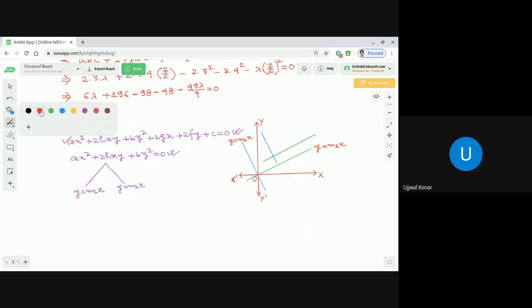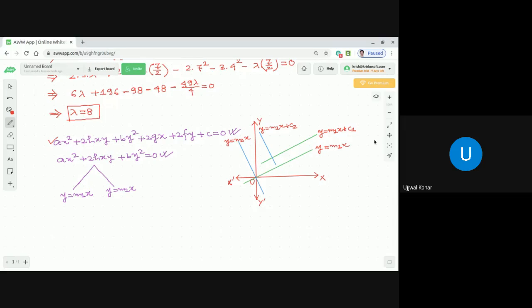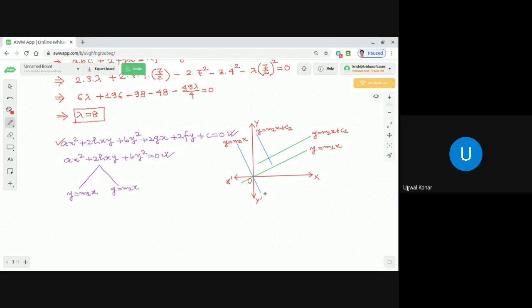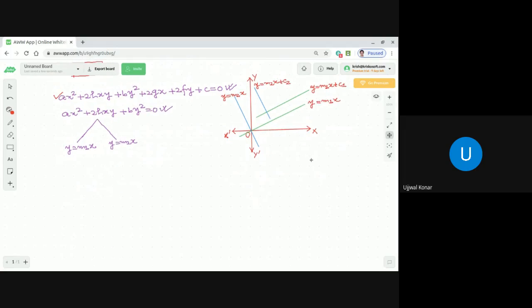So that means if we write, this equation will be y equal to m1x plus c1 and this equation will be y equal to m2x plus c2, because as the corresponding lines are parallel, their slopes also should be equal. So this is the observation. Now if I write this from the study material, it looks something like this. I hope you understood the concept.